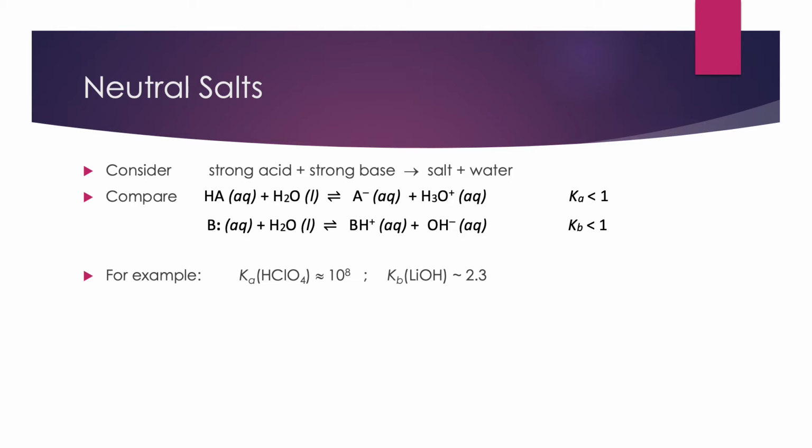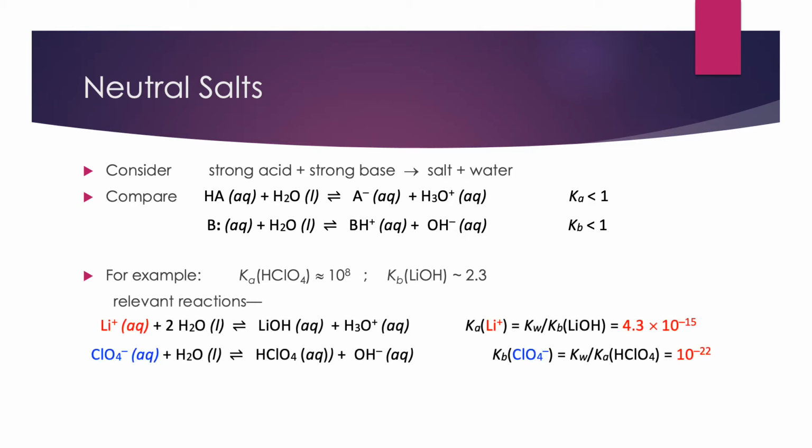It really produces a lot of hydronium ions and conjugate base ions. On the other hand, lithium hydroxide, if it's thrown into water, would have a Kb of about 2.3. It's not quite as strong, obviously, as perchloric acid is strong as an acid, but it's still favoring the product side, so it's still considered to be a strong base.